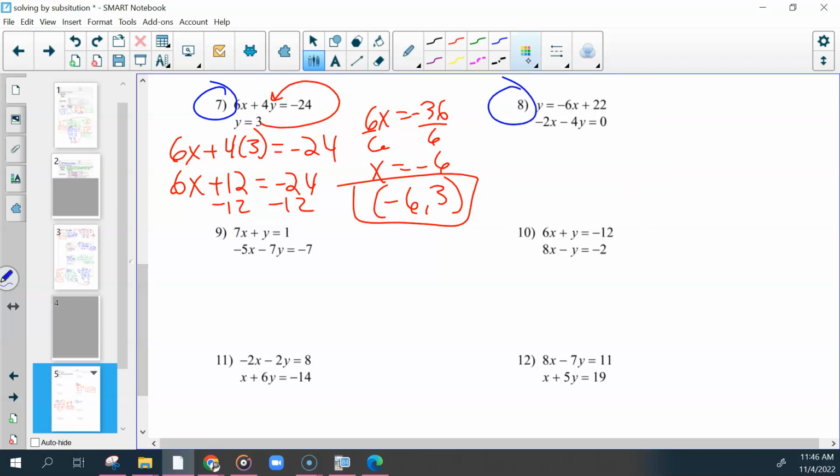For 8, one of the equations is solved already, so we're going to take that and put it in for the y of the second equation. And then solve for x.